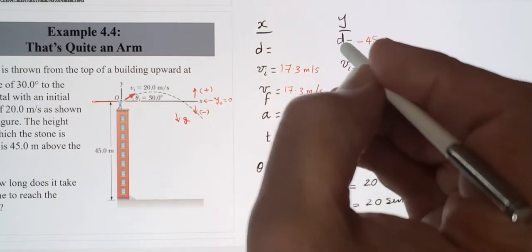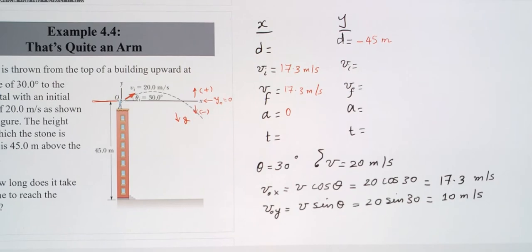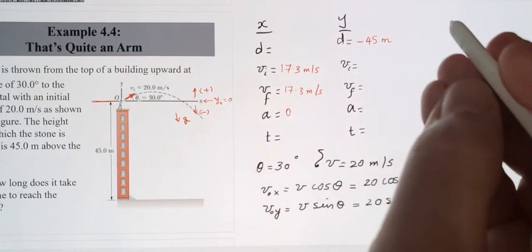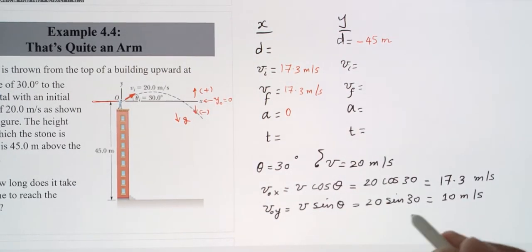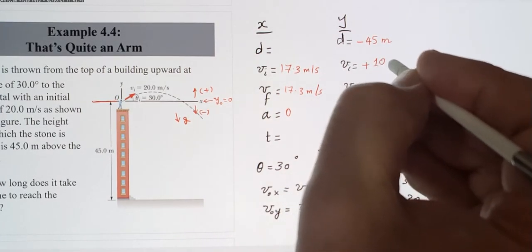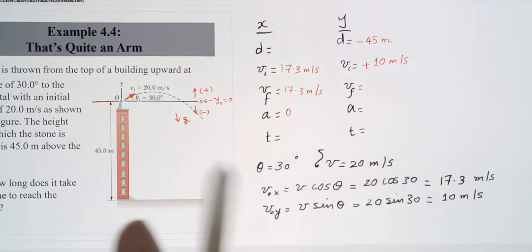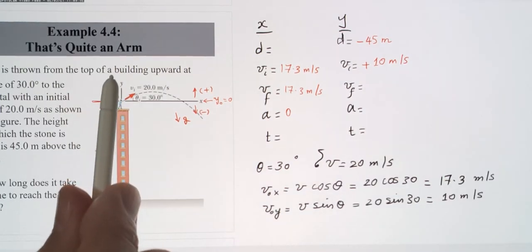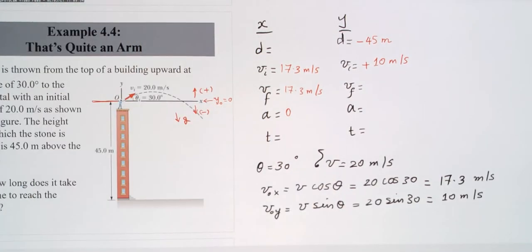So our distance is minus 45. V initial is 10 meters per second. And now you have to pay attention because it is plus 10 meters per second because it is pointing up.